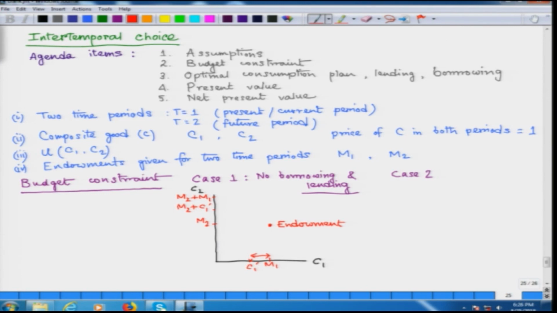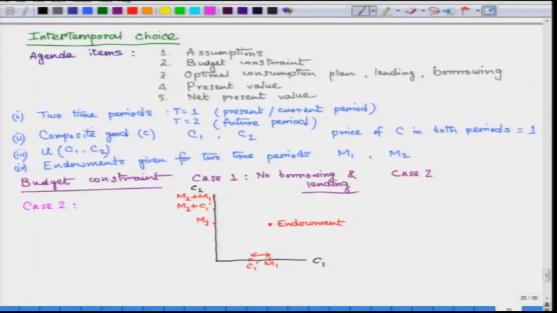If I now join these 2 points, my initial endowment and my future consumption, I get a straight line, that is my budget constraint, and this budget constraint will have a slope of -1. It is quite obvious that the slope of the budget constraint in this case will be -1.